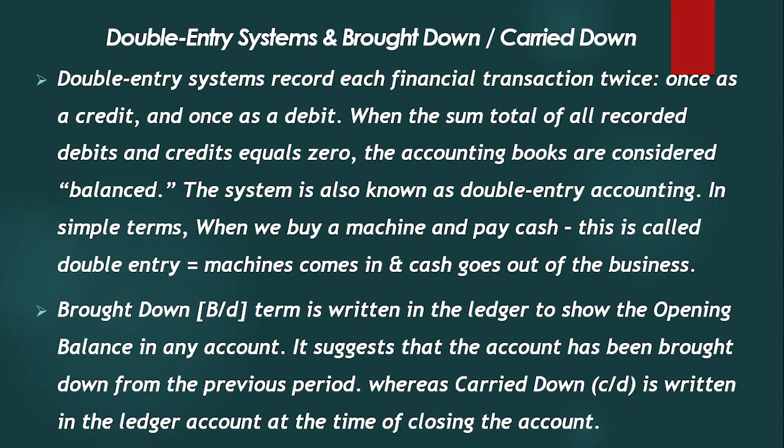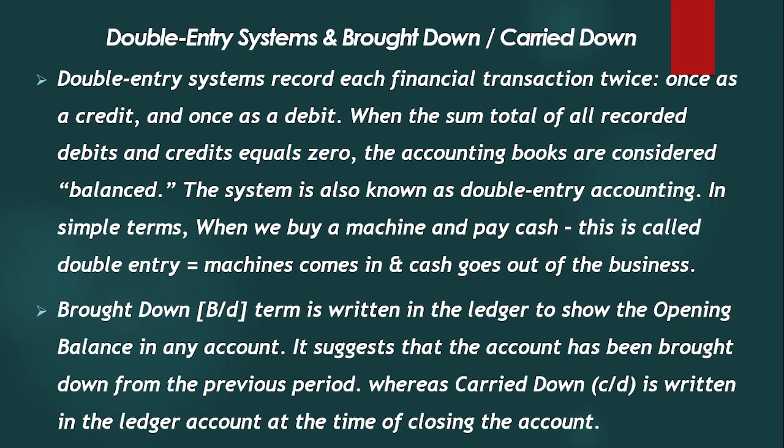Double entry systems and brought down or carried down. Double entry systems record each financial transaction twice, once as a credit and once as a debit. When the sum total of all recorded debits and credits equals 0, the accounting books are considered balanced.